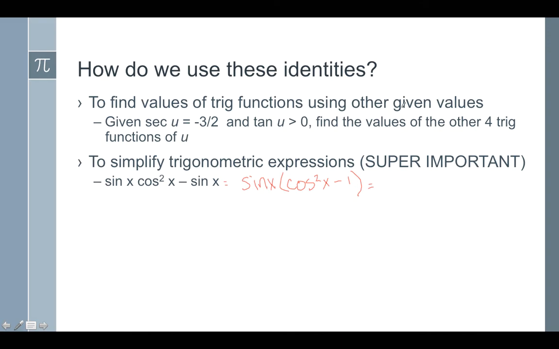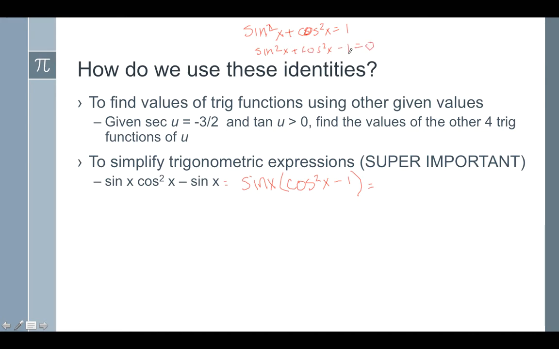But that's not simplified. I know whenever I see cosine squared and a 1, I should probably look at the Pythagorean identity just to see if I can use it. Well, if I subtracted a 1 from this side, I would get sine squared x plus cosine squared x minus 1 equals 0.